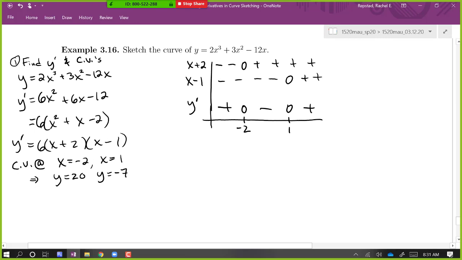So we've got our first derivative stuff buttoned up. Let's get our second derivative stuff. Let's find y double prime, and then the possible inflection points, which I'm going to abbreviate as PIP.